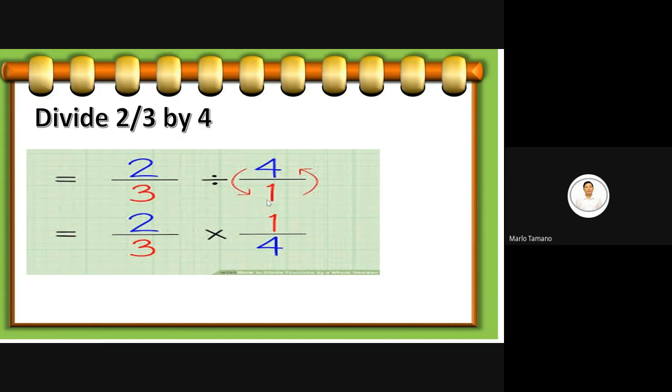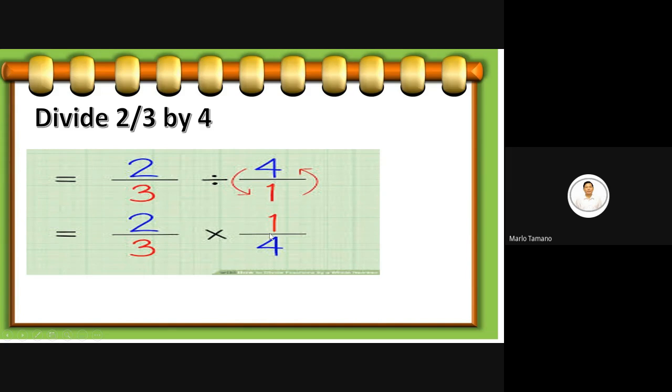Next step, keep the first fraction, 2/3. Change: yung division symbol ng multiplication symbol. And third, flip the 4 over 1, make it 1/4.